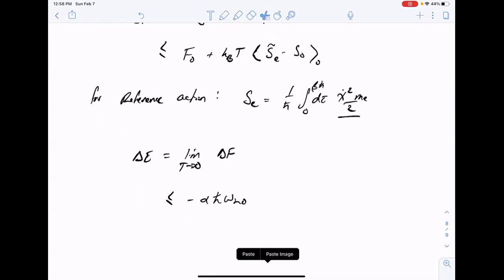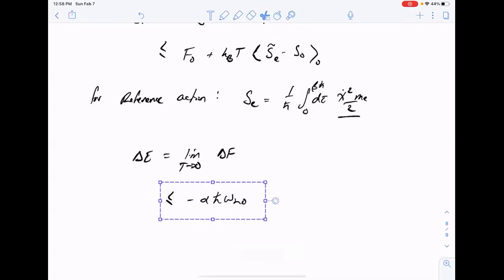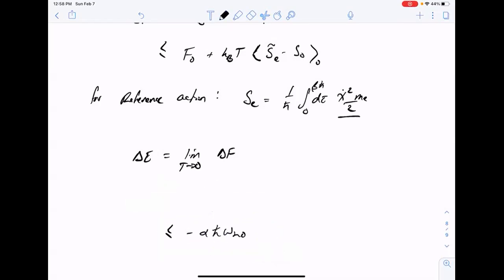So just to give you one extra step. So essentially we would need to compute the expectation value of the effective action in that low temperature limit.